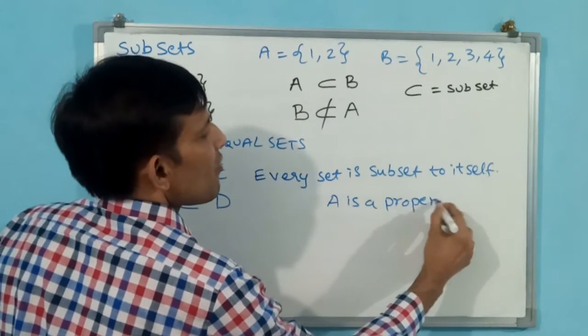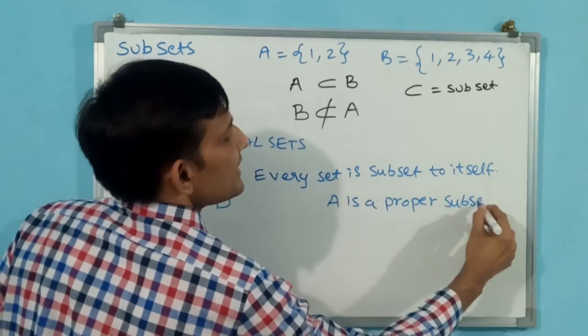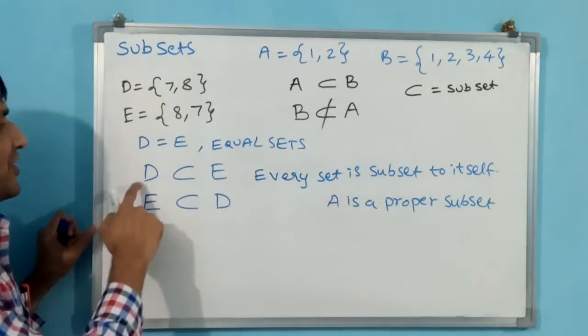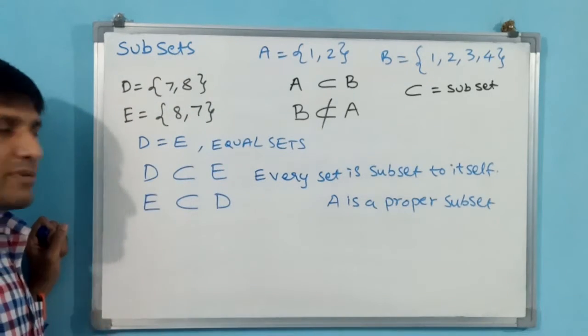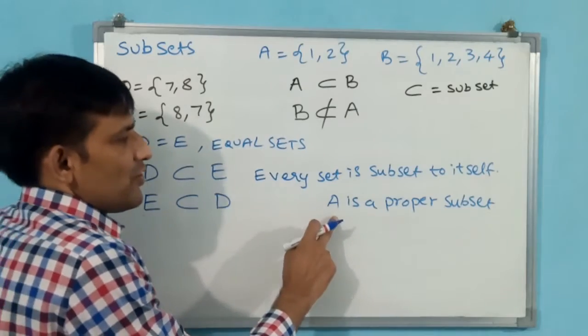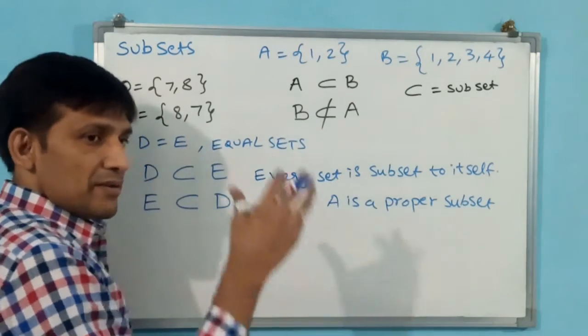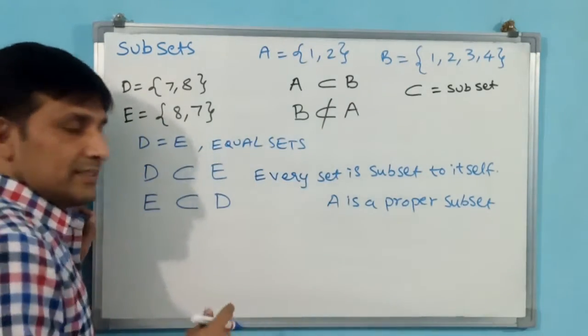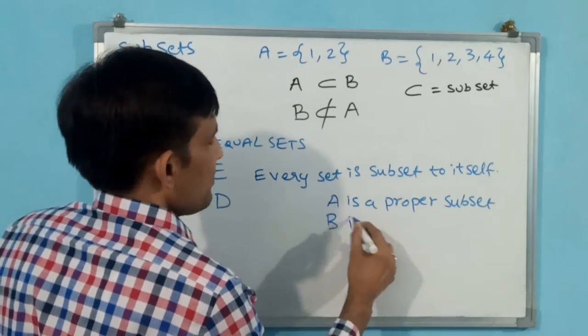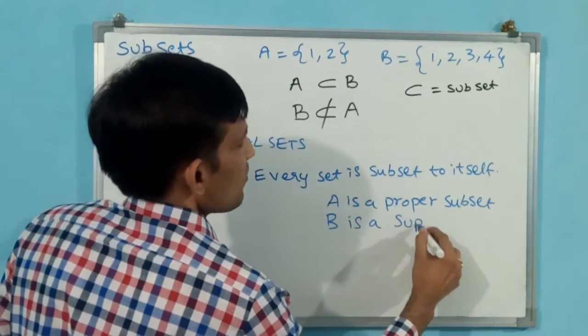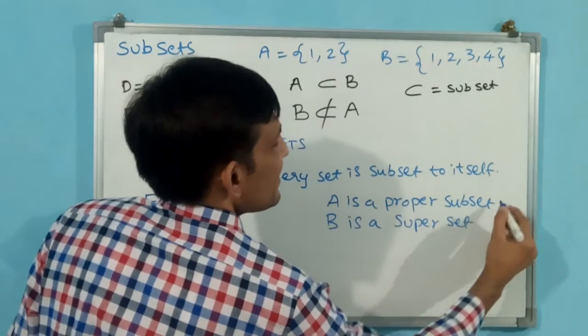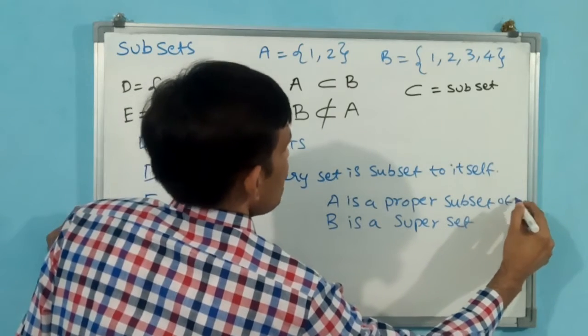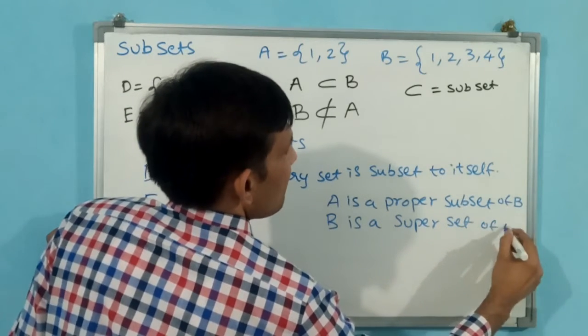But D and E are not proper subsets. Why? Because A is a subset of B, but B is a superset of A.